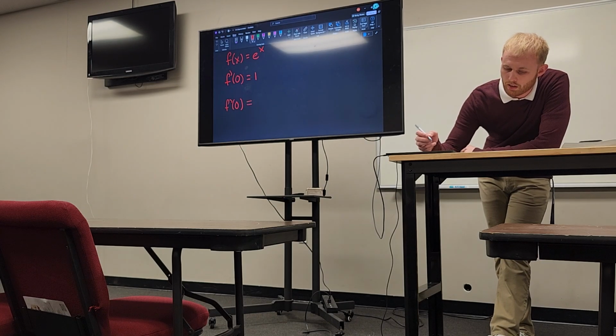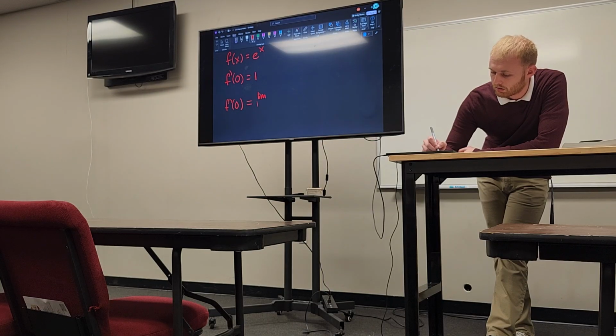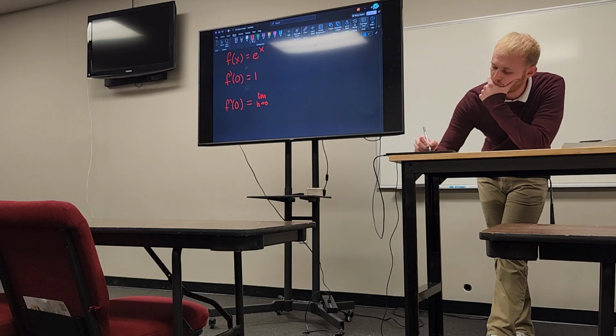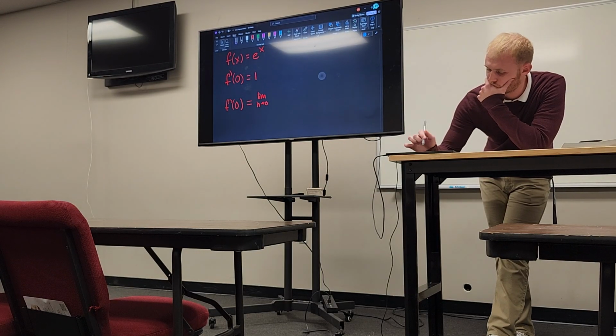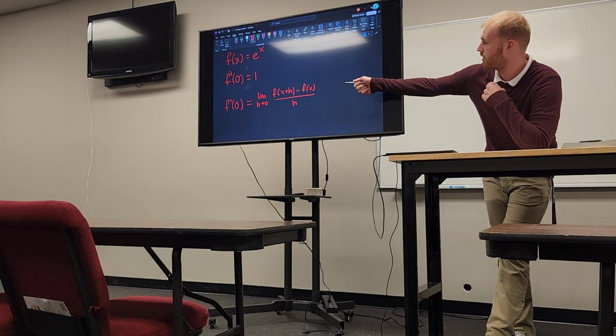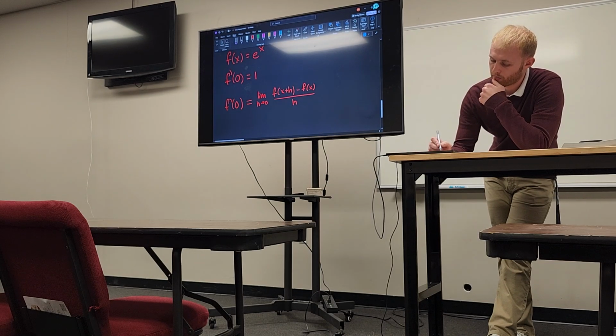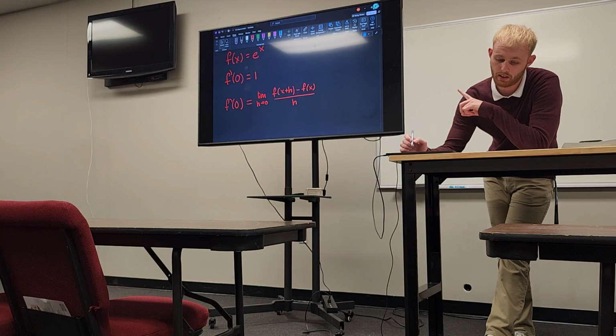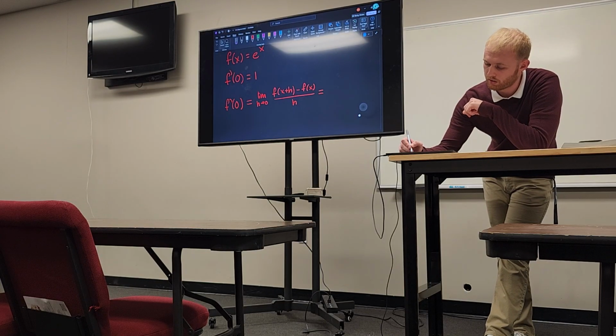F prime of 0, now remember, what is the difference quotient? Right, there's our difference quotient. This is just our definition of the derivative. If we just plug in the information that we're assuming here that we found so far, this will come in handy later, by the way. So we can just plug in our function of e to the x.